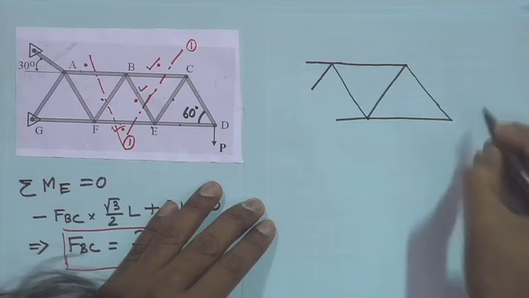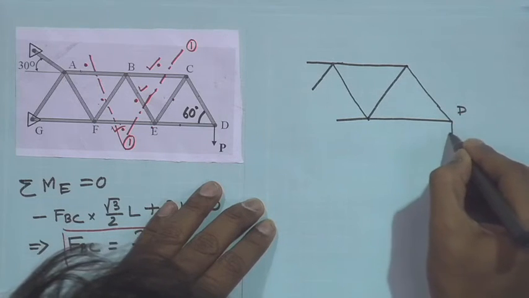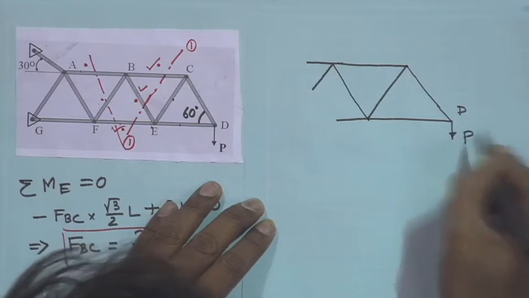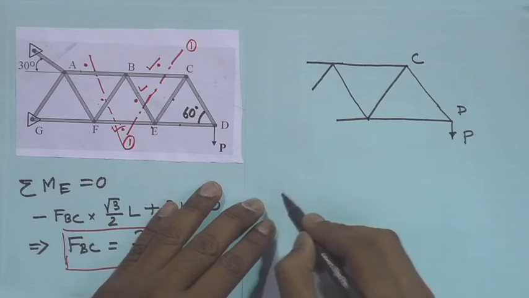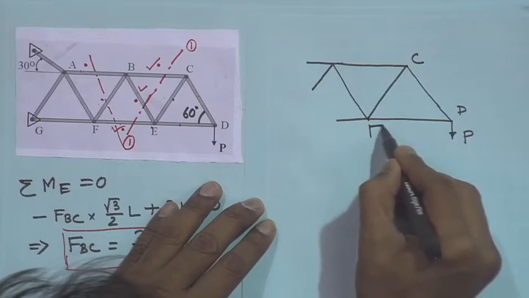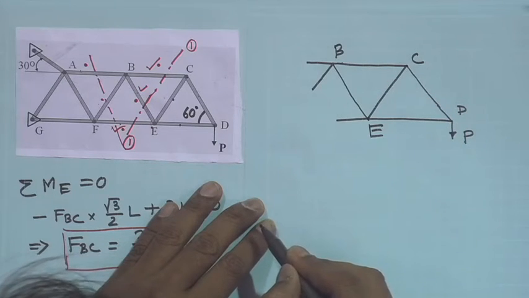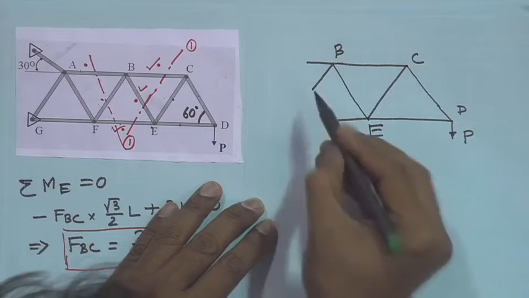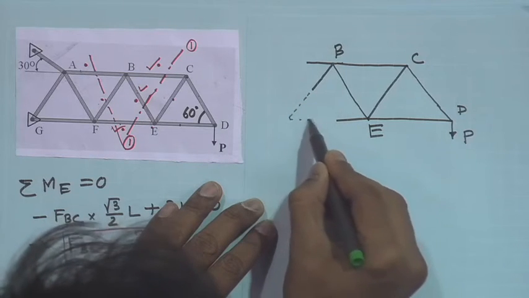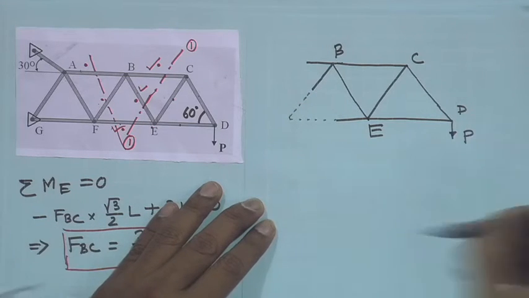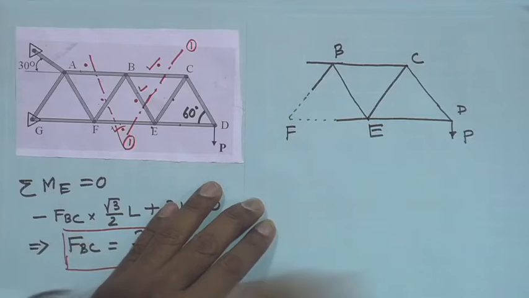This is D, which carries force P, this is C, and then this is E, B, and if you extend their lines of action, this is point F, right.